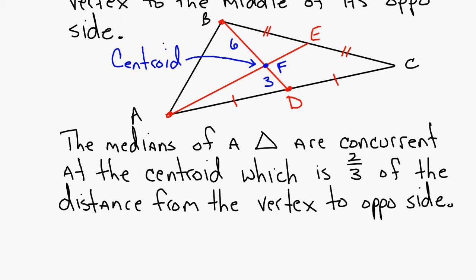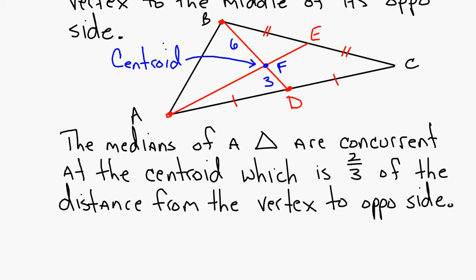Wait, why are you doubling it? Because B to F is 2/3 of the distance from the vertex to the opposite side. That means F to D is 1/3 of the distance.